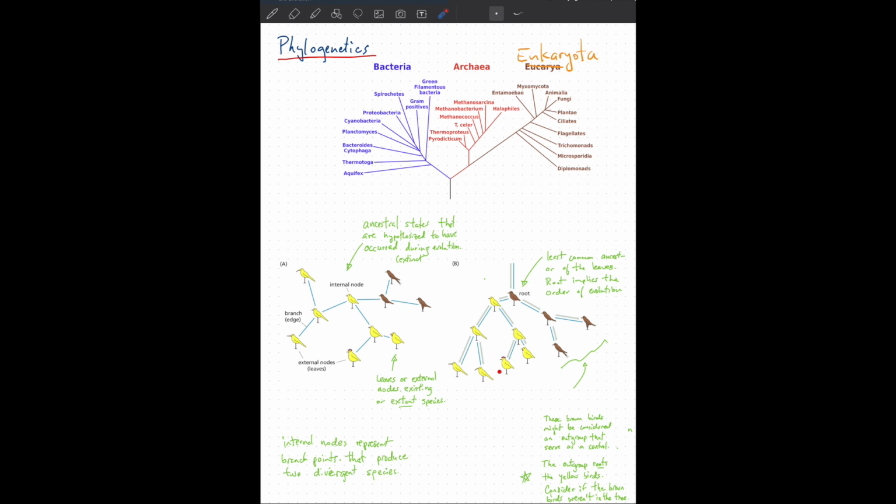We think of the internal nodes as being ancestral or extinct, that we don't actually see directly. They're inferred, right? We're guessing at what those internal nodes look like, much the same way that we look at bones of a dinosaur and guess at what it looks like. We're looking at present day DNA or amino acid sequences and trying to guess what the ancestral sequences look like.